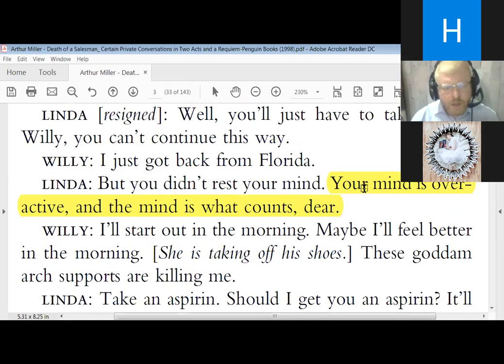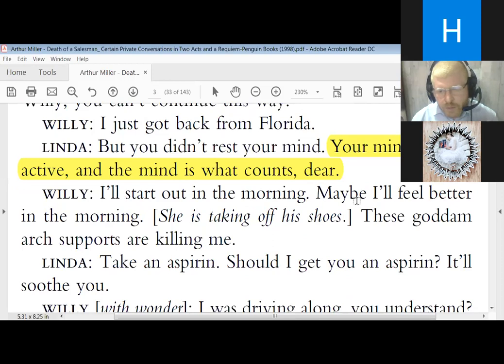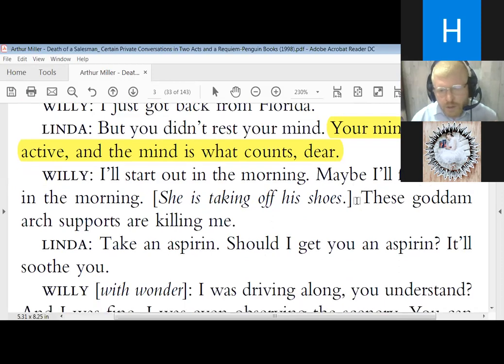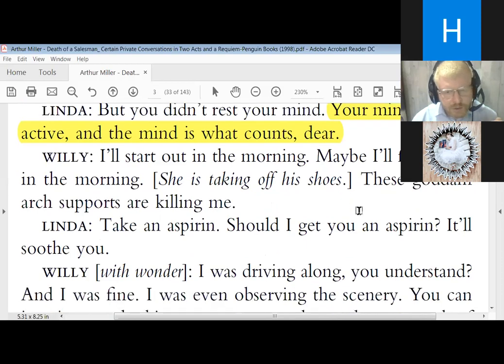Willy says, I'll start in the morning. Maybe I'll feel better in the morning. Linda is taking off his shoes, and this is the traditional, patriarchal relationship between a man and wife.